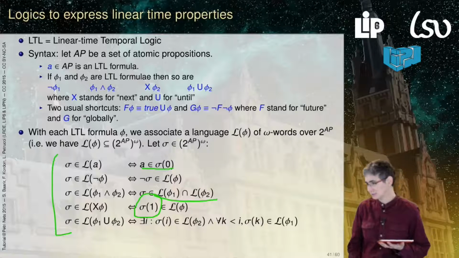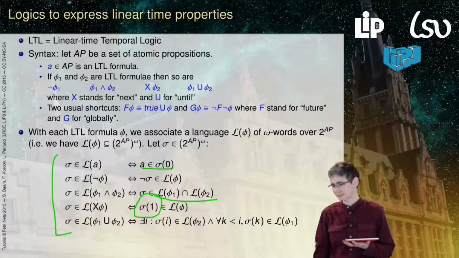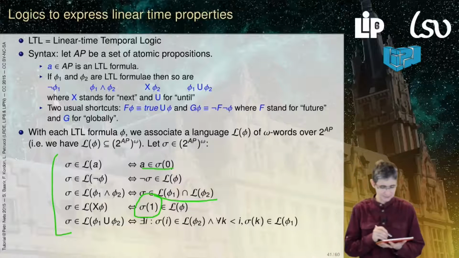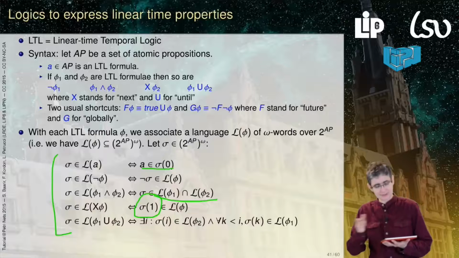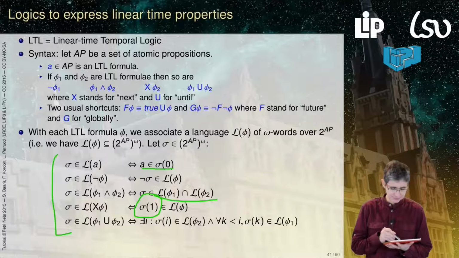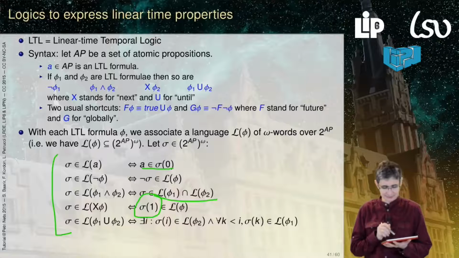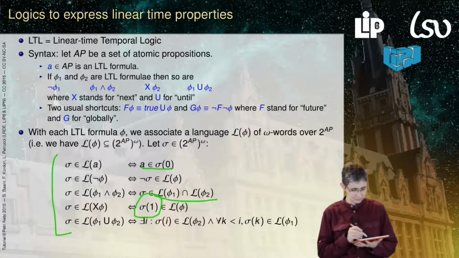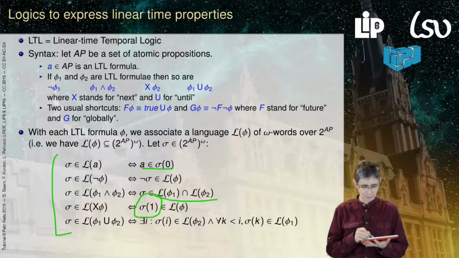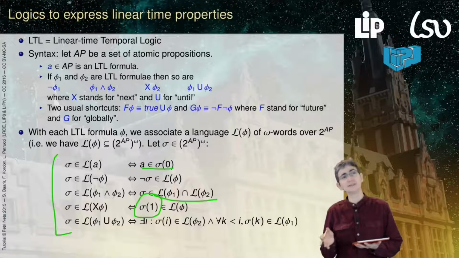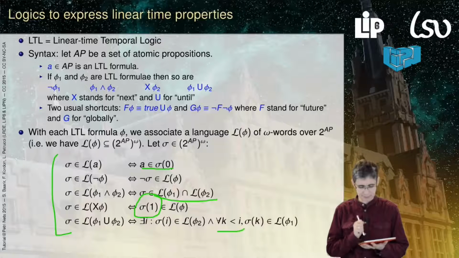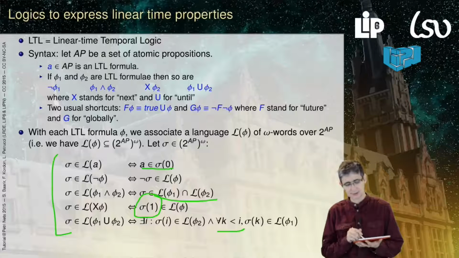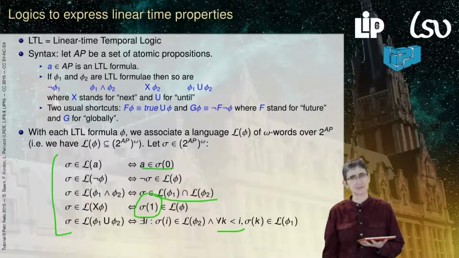And finally, phi1 until phi2 consists in finding an index I in the sequence such that the sequence at this index satisfies phi2, and for all indices before I, the element in the sequence satisfies phi1.